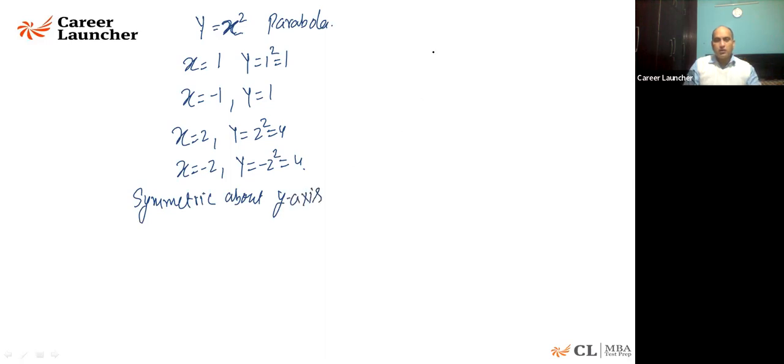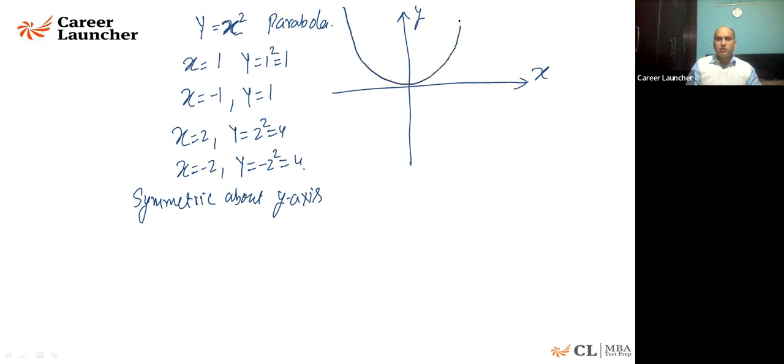Symmetric about the y-axis means if there is a curve, this is the x-axis, this is the y-axis. If a curve is forming on the left hand side, the same curve will be forming on the right hand side. So I'll say the y-axis actually divides this curve into equal parts. So it is symmetrical about the y-axis. Is it fine, Aditya, Samakshi? Of course, it is touching here at the origin. Fine. It goes like this.